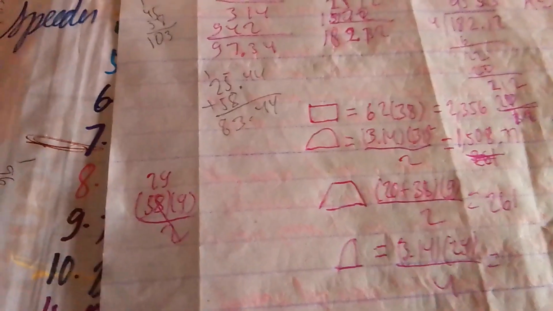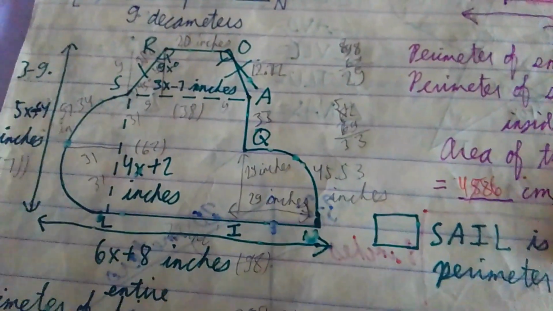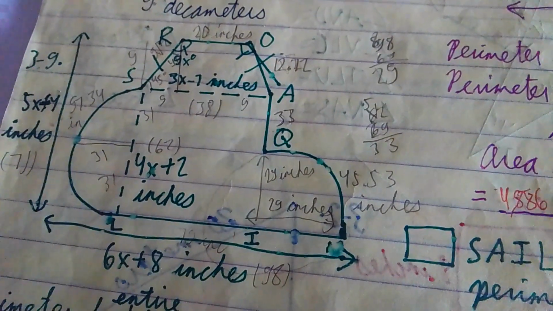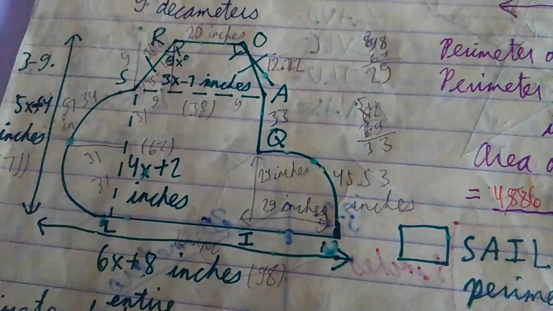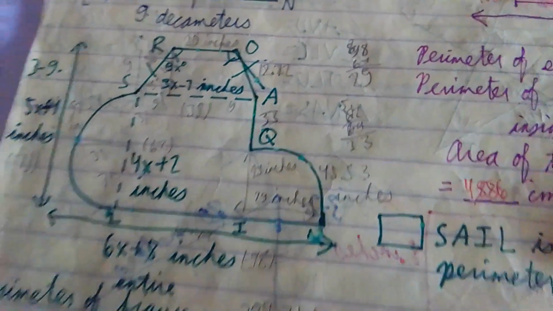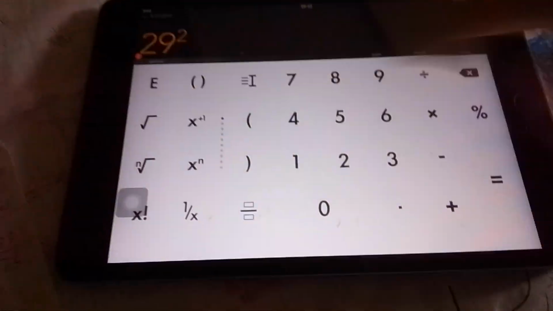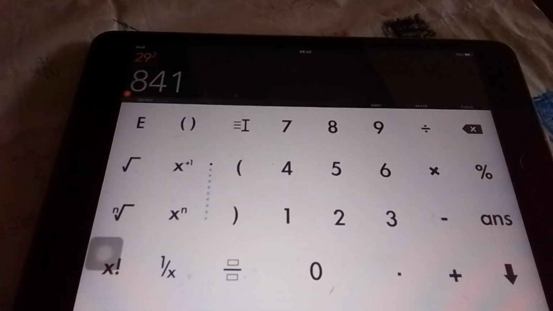Last but not least, it's the half, 1/4 of a circle. So 29 and 20. Yes, very good. So therefore, what you do is pi times the radius squared. Pi times radius squared, you know 29 squared. What's 29 squared? Let's solve it here. 29 squared is 841.